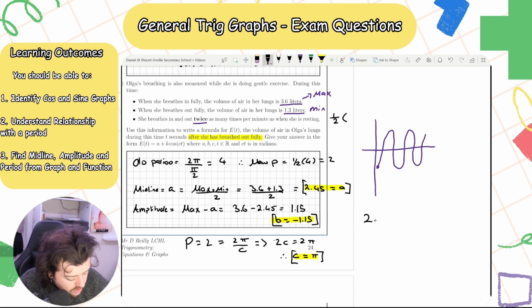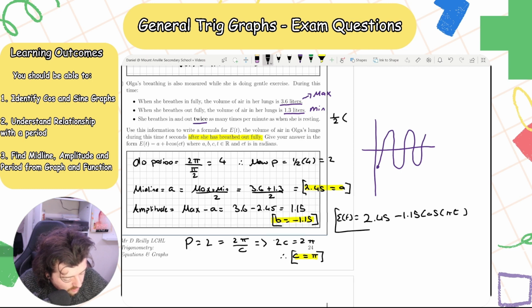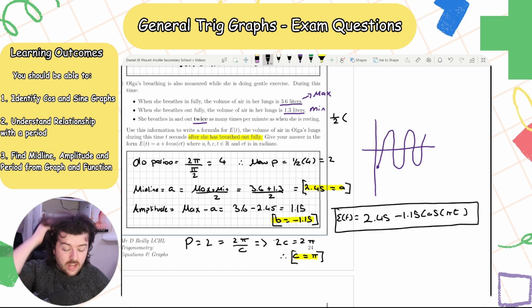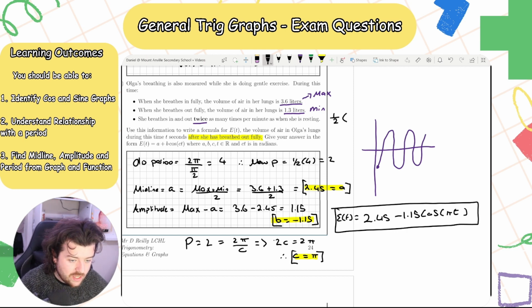It's going to be 2.45 minus 1.15 cosine pi t. And that is the function E(t) we're looking for. So that's the new function to measure Olga's breathing after she has breathed out fully. Let's move on to the next question.